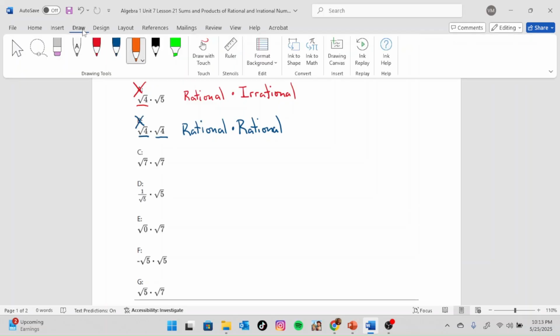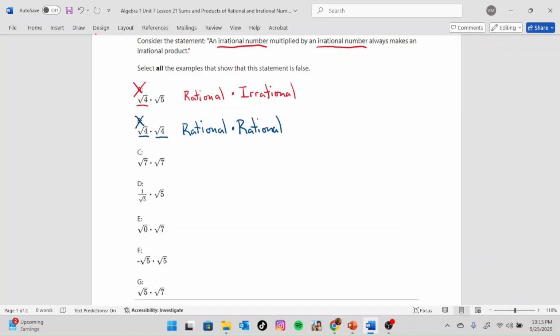Now, if we look at c, square root of 7 is irrational. And since it's square root of 7 times square root of 7, that is irrational. But if you take the square root of 7 and you square it, then your answer is going to be 7.